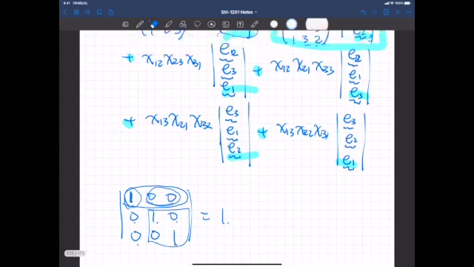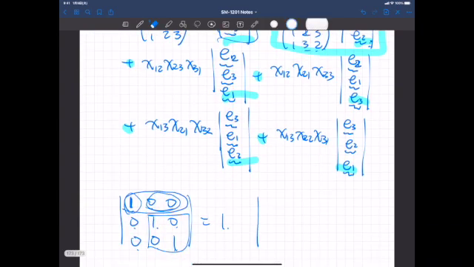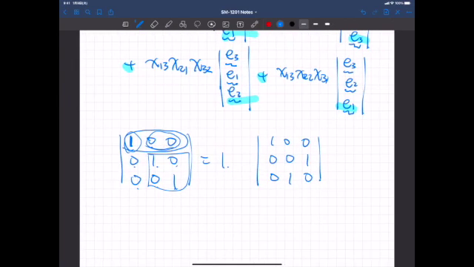Then this permutation, this matrix is this. That's 1, 3, 2. So 1, 0, 0, 0, 0, 1, and 0, 1, 0. So if we swap the second row and the third row, we get negative sign and 1, 0, 0, 0, 1, 0, and 0, 0, 1.